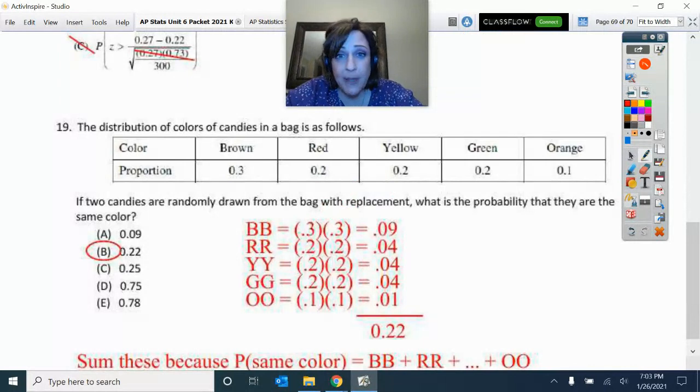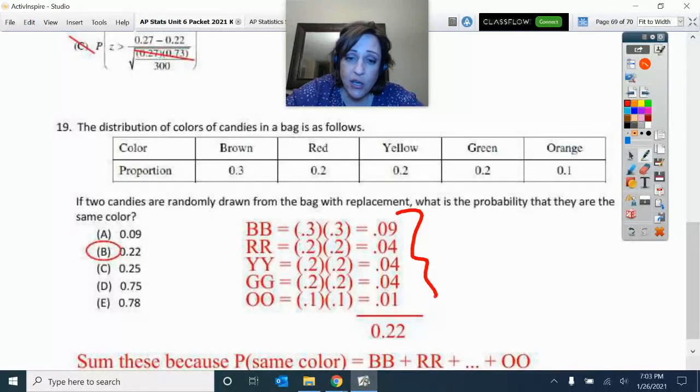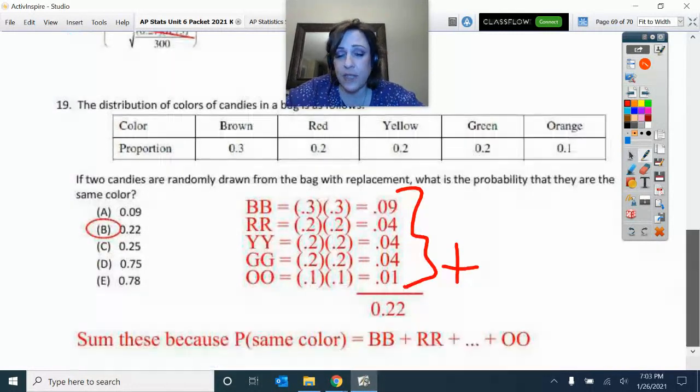So those draws were independent. To get two candies of the same color, you had to get two browns, two reds, two yellows, two greens, or two oranges. These are the ways you do that, and then you sum those up to get all of those options, because it's this or this or this or this or this, and so on.